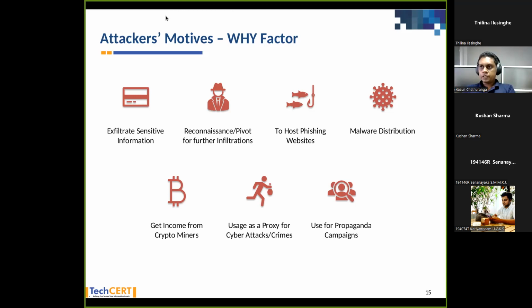So there are a couple of ways it can be implemented. Technically, we call it website file integrity monitoring. There are some plugins, or you can even write it custom as a cron job.